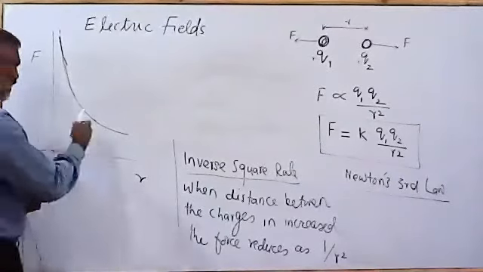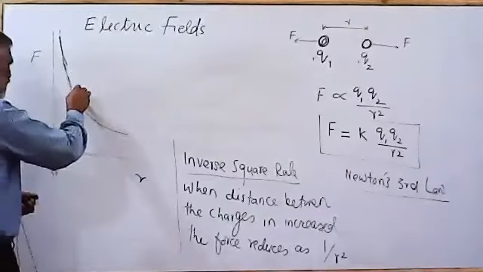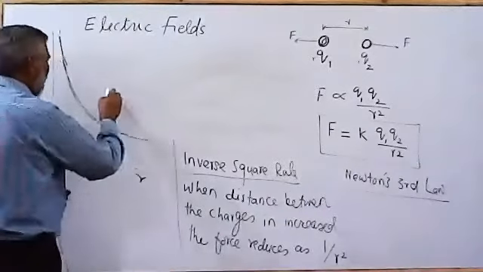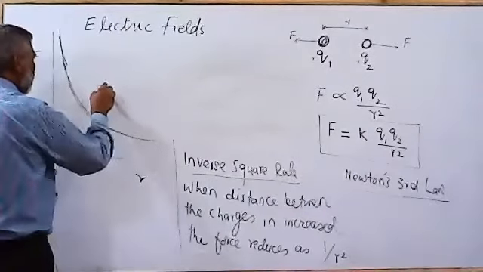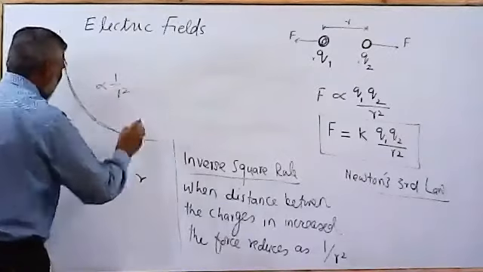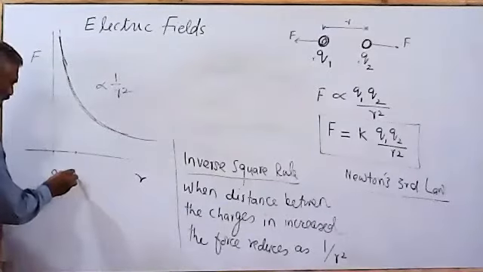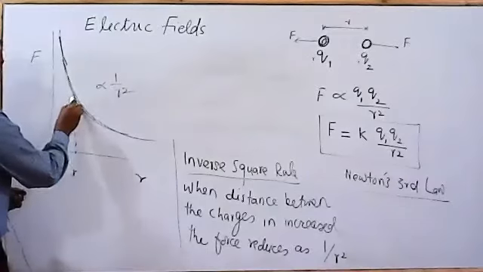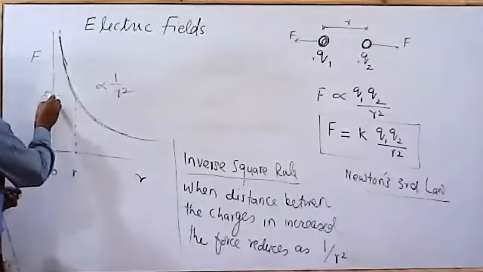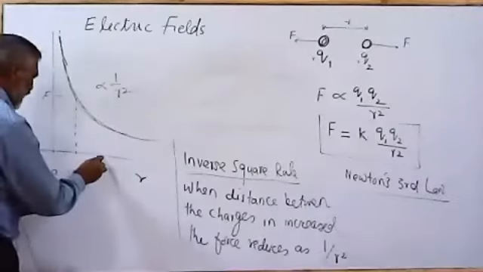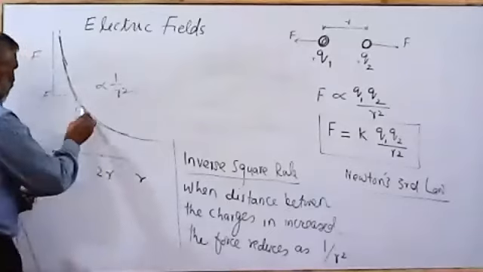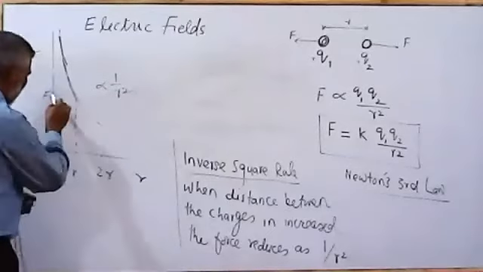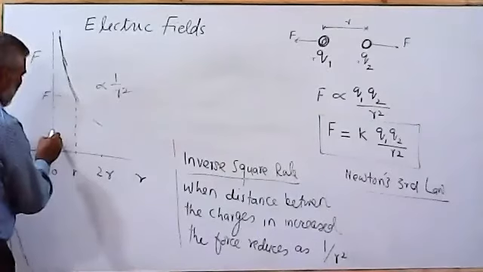But as you increase the distance, this force drops, and it drops as 1/r square, which means if at r it is a force F between them, at 2r it will reduce to 1/4 of this value. That means it will come here.